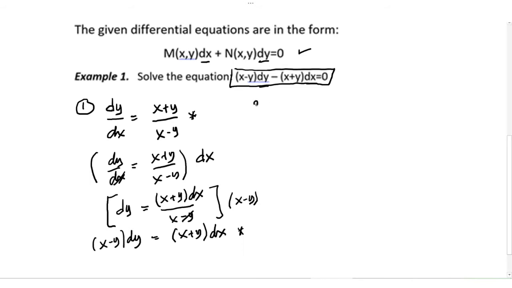Remember also that instead of writing dy/dx, this can be written as y prime. So you have y' = (x + y)/(x - y), or this can also be written as (x - y)y' = x + y.